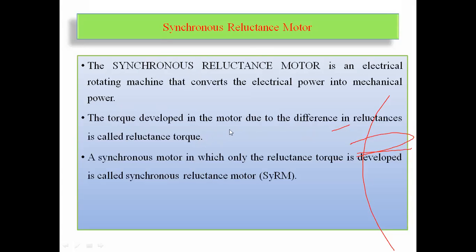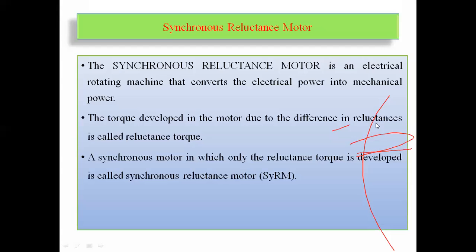But in a reluctance motor, the torque is produced only because of reluctances. Reluctance, which may be covered in basic electrical or previous subjects, is the opposition to the flow of flux.